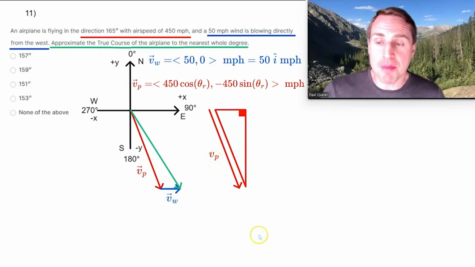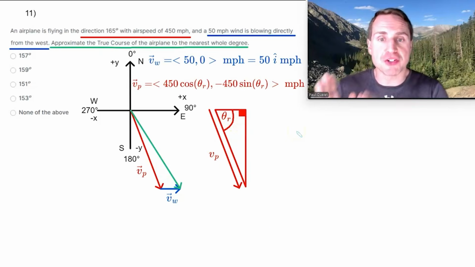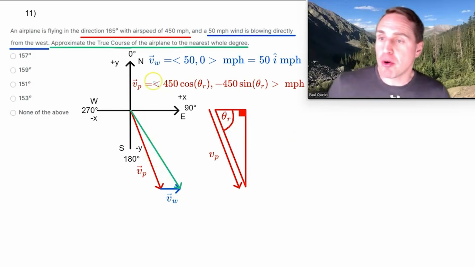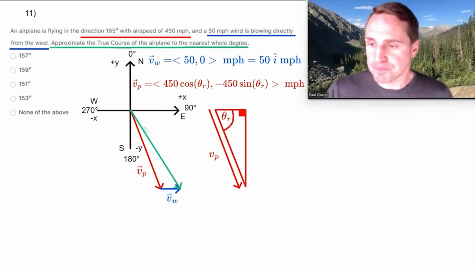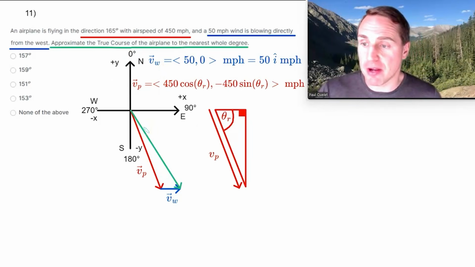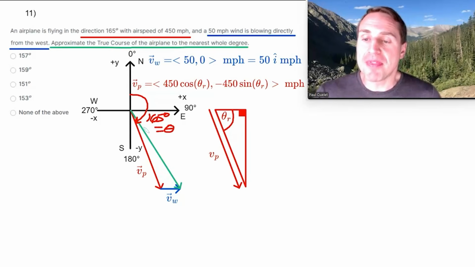Notice if we set up theta r as the reference angle, the reference angle is the smallest angle to the positive x-axis. Now remember, we were told this is 165 degrees. So let me go ahead and label that on the diagram. So it's 165 degrees. We could call that theta. But then theta r, which is the reference angle, is how much further this angle is from 90 degrees. So we need to take 165 degrees minus 90 degrees.